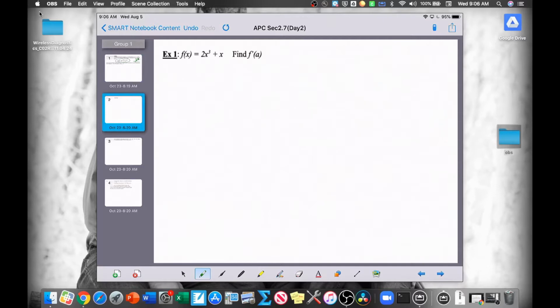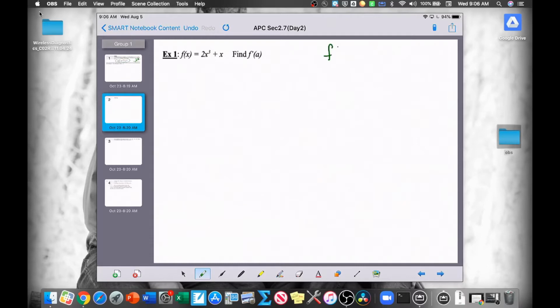They are giving us the function f of x equals 2x cubed plus x, and they're asking us to find f prime of a. All right, so this is a situation where we are looking for a generic derivative at any point a that we could then use later to find a slope of a tangent line at any given a value along our curve.